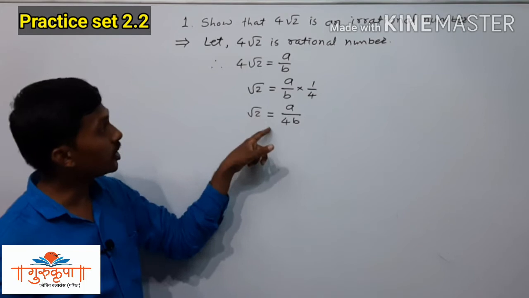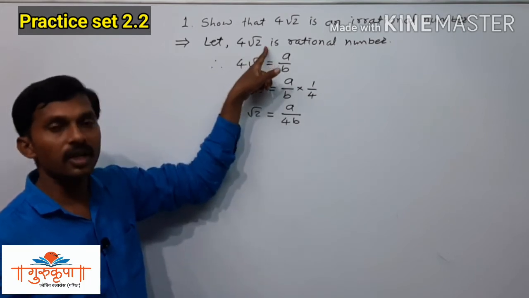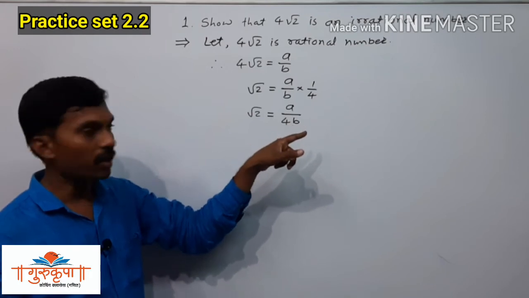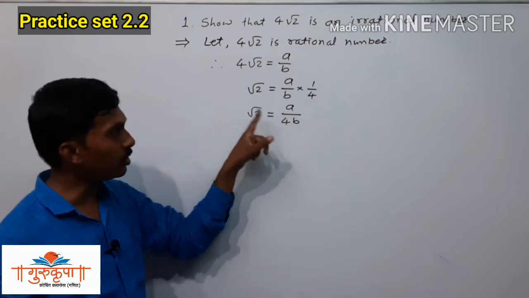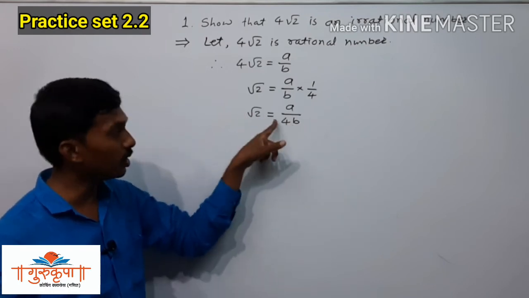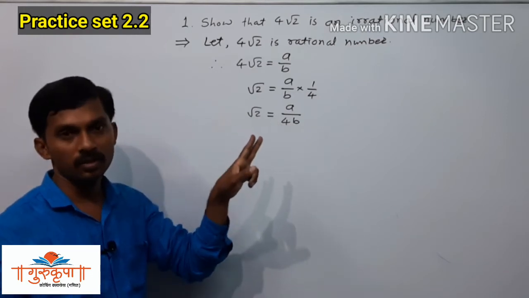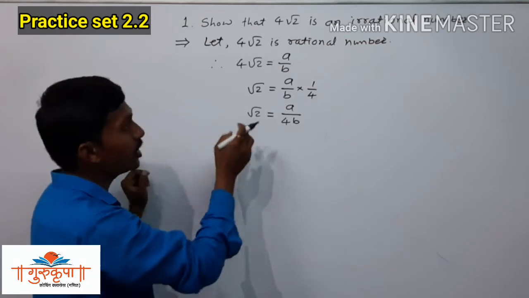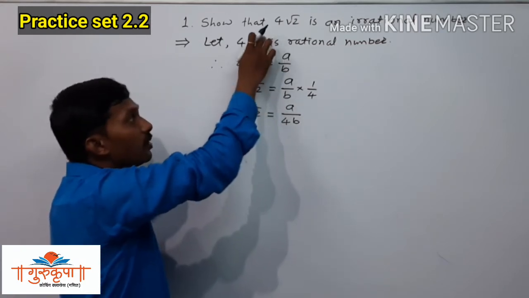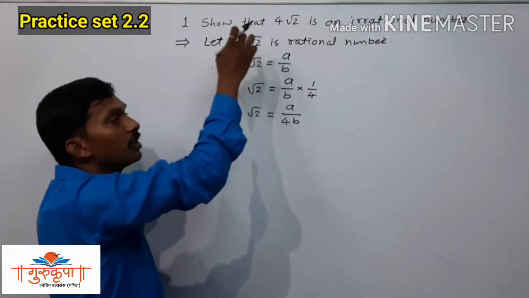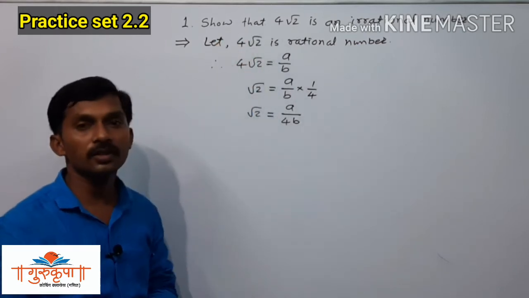So it contradicts our assumption. It is not possible that an irrational number and a rational number are equal. That is impossible. So it means that the assumption which we considered here is incorrect.